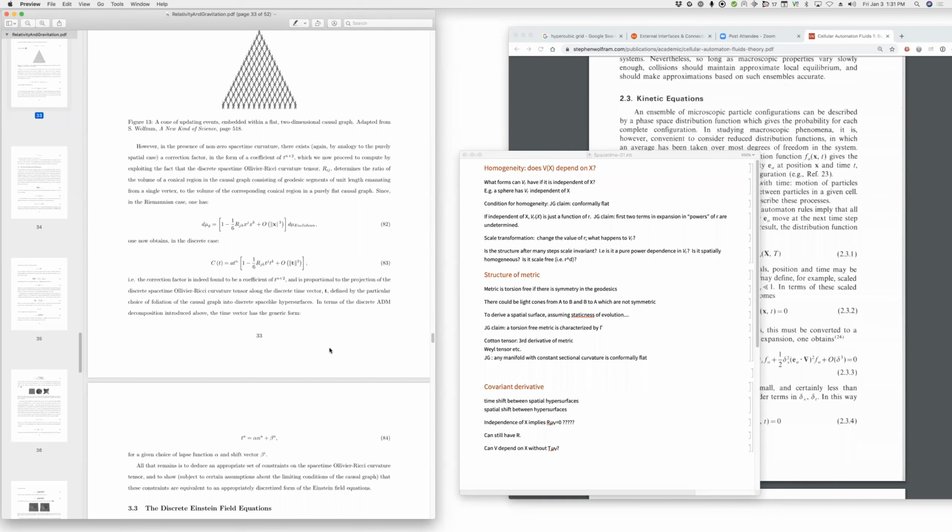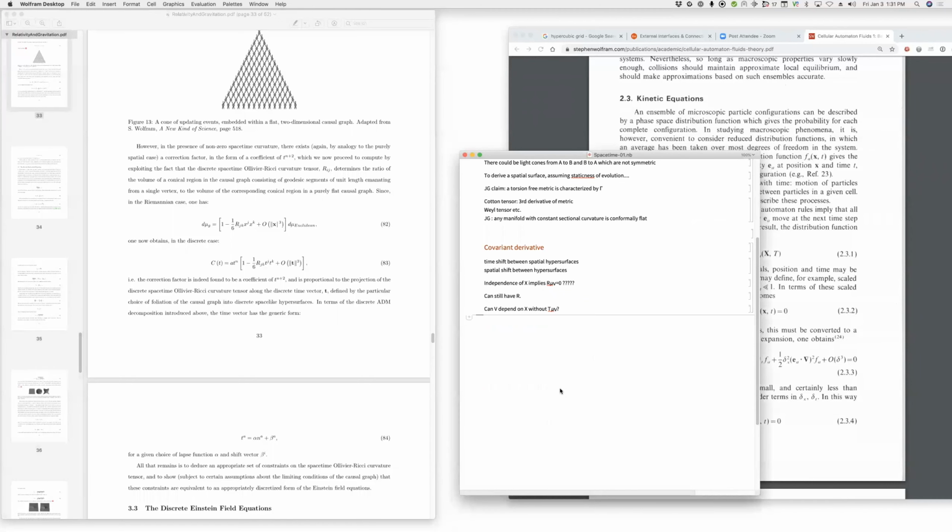Okay, so wait a minute. So let's look first of all at vacuum solutions. I'm pretty sure the Kasner metric can't be uniform, because it's non-isotropic, so it has to be non-uniform.